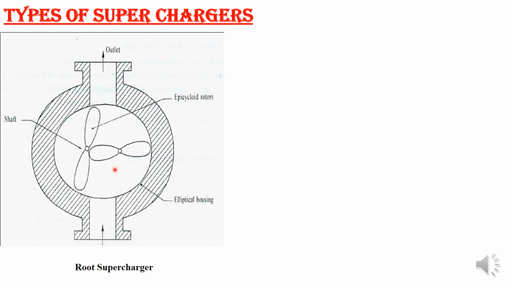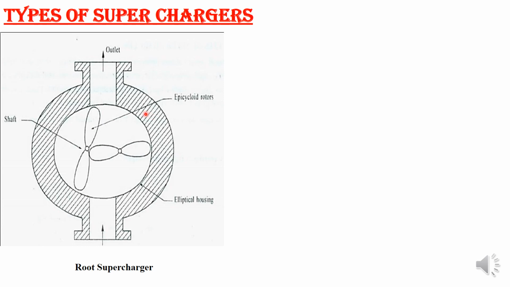That is the main disadvantage of this type of Roots blower. The combined effect of the compressibility of air and the backflow causes volumetric efficiency to reduce to as low as 50 to 60%. You can get this at a pressure ratio of 3:1. Okay, so these are the types of blower.